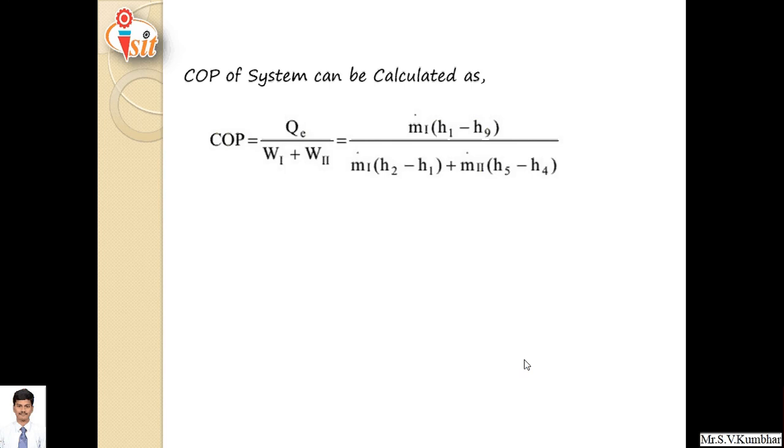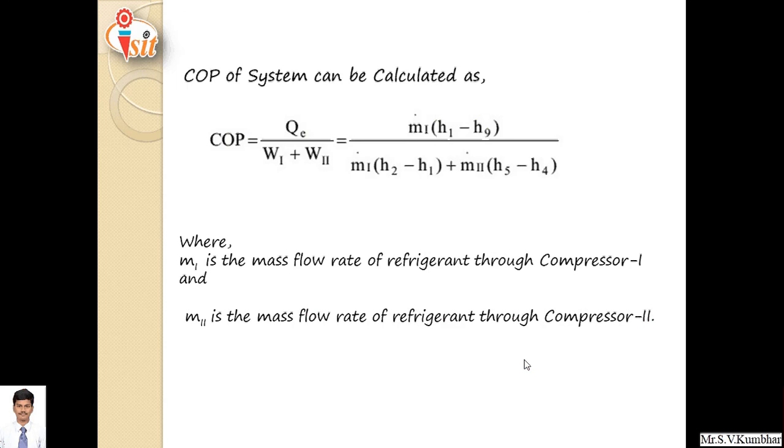QE is the refrigerating effect and the work supplied to both compressors is W1 plus W2, which is equal to M1 into (H1 minus H9) divided by M1 into (H2 minus H1) plus M2 into (H5 minus H4), where M1 is the mass flow rate of refrigerant through compressor 1 and M2 is the mass flow rate of refrigerant through compressor 2.